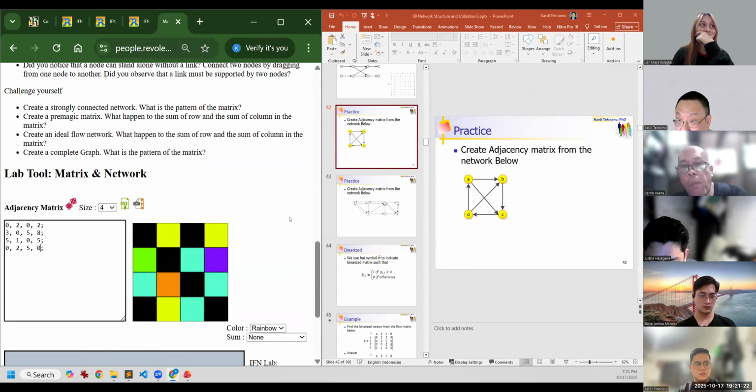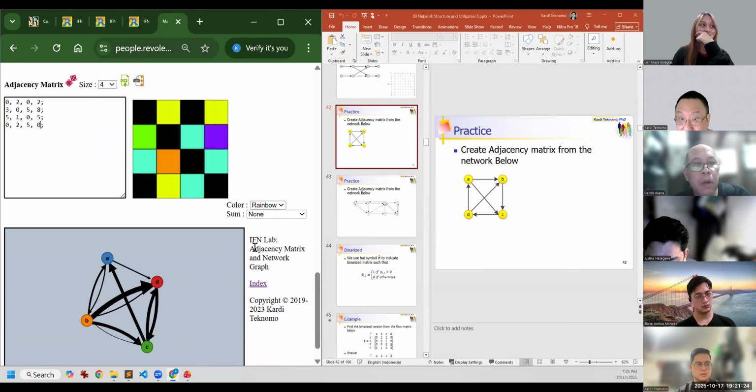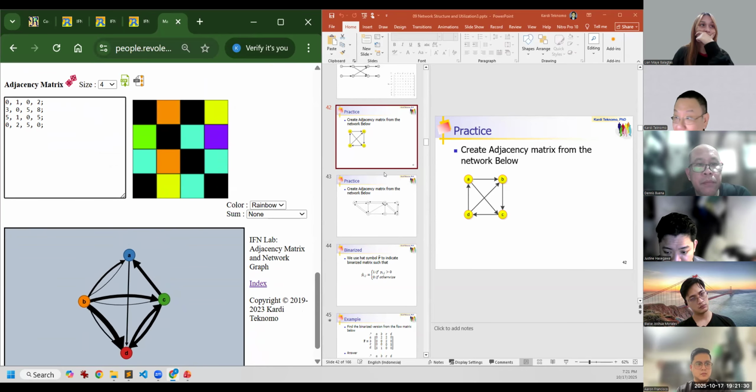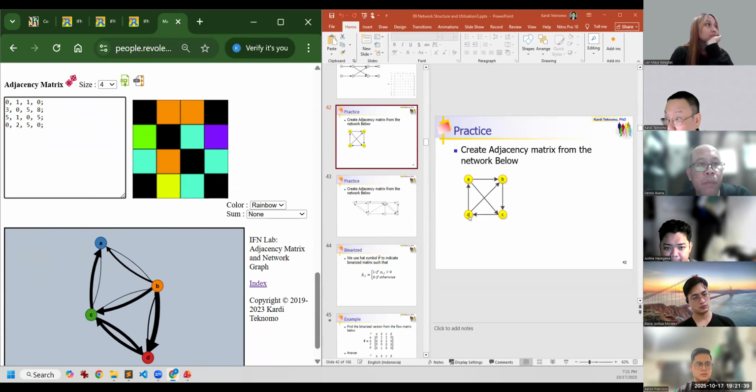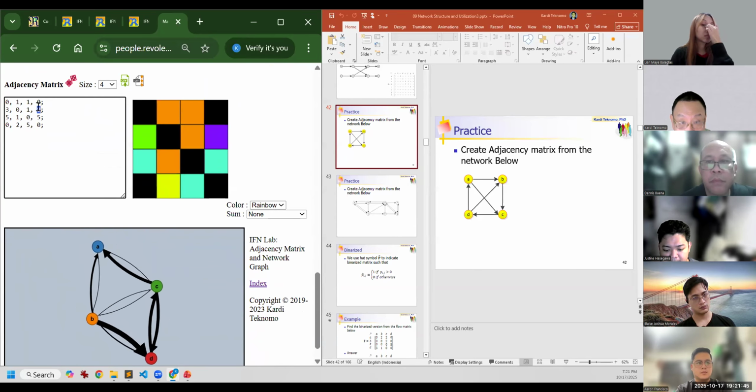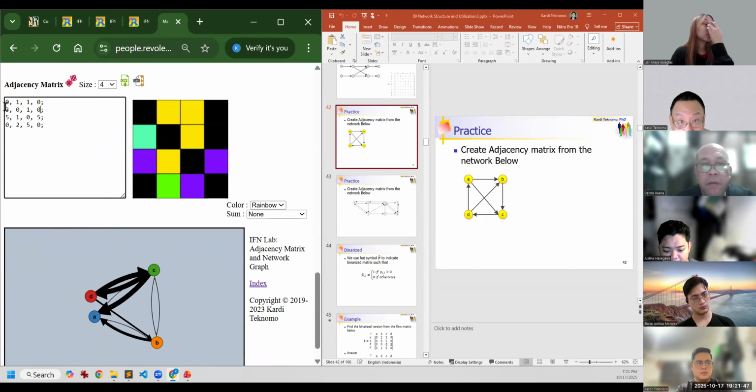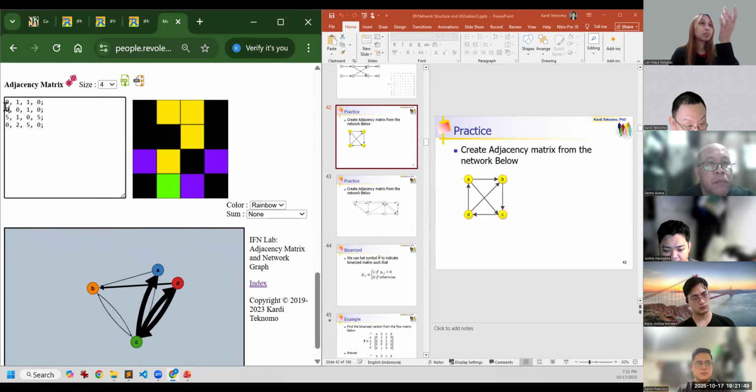Then from A to B, you have 1, and from A to C, you have 1. This one is 0. Then from B, you can go to C, again you have 1. The other ones are all 0.